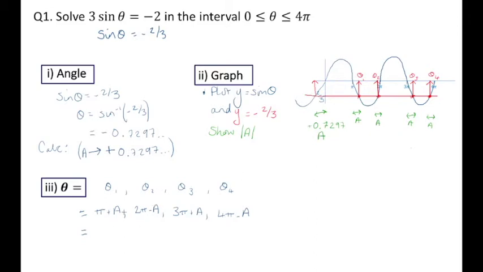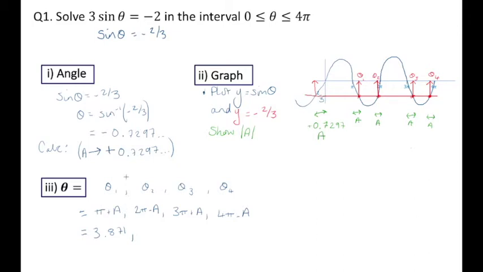Right, so hopefully you can see now why we stored that value A in our calculator, because we're not messing around with lots of really long numbers here, likely to make a mistake. And it's only in the last step where we can just put in pi plus A on our calculator, and you should find that's 3.871. We'll go to 3 decimal places here. Remember, to find your stored value, you're going to have to press alpha first.